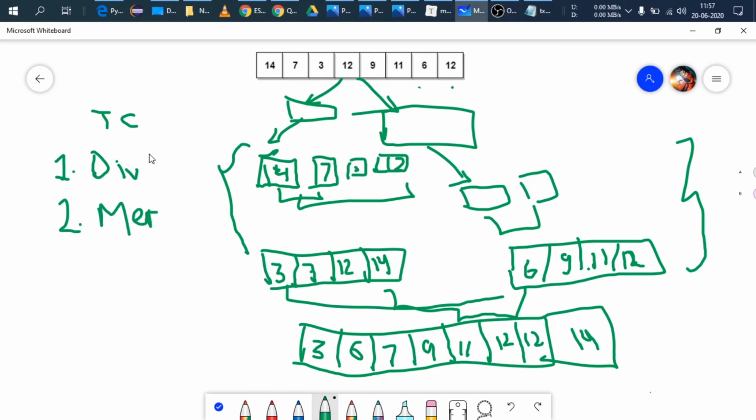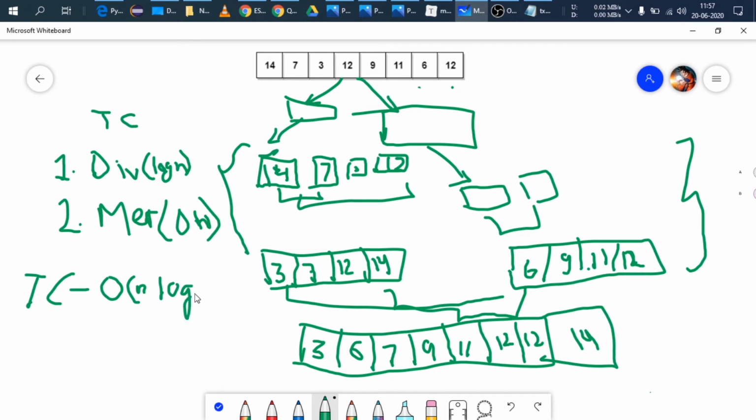As we know, division takes logarithmic time, so it will take order of log n time, and merging will take order of n time, because we have to traverse the whole array and then merge both of them, so it will take n time. So our resultant time complexity would be order of n log n, the same as quicksort.